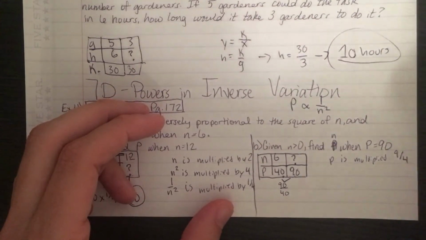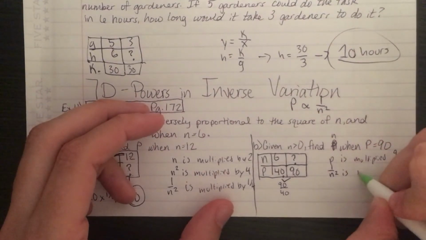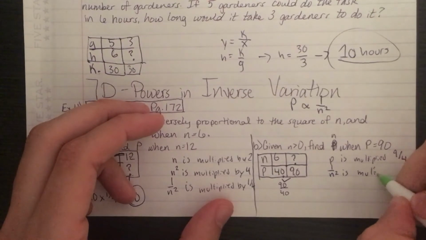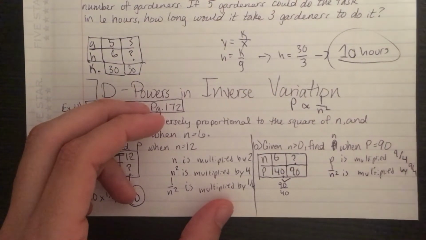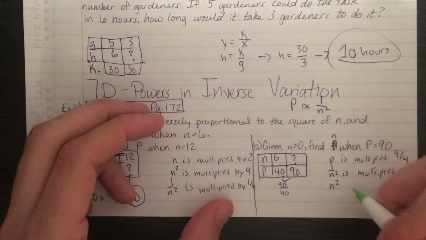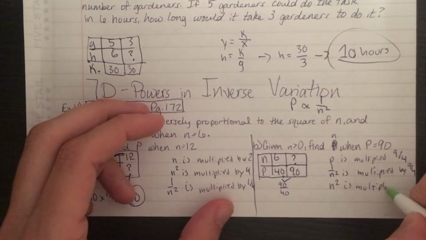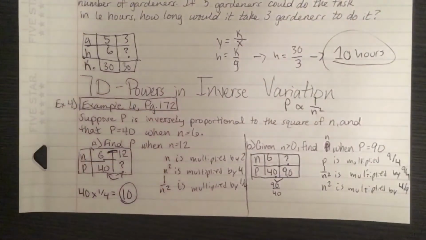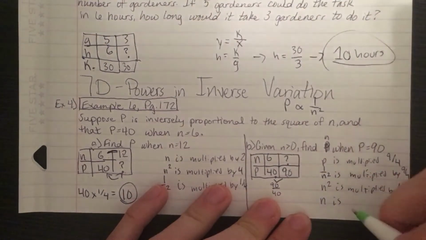So then what that means is that 1 over n squared got multiplied by 9 over 4. Which means n squared, the flip of that, the inverse, got multiplied by the flip, which is 4/9. So then if n squared got multiplied by 4/9, we need to figure out what n got multiplied by.